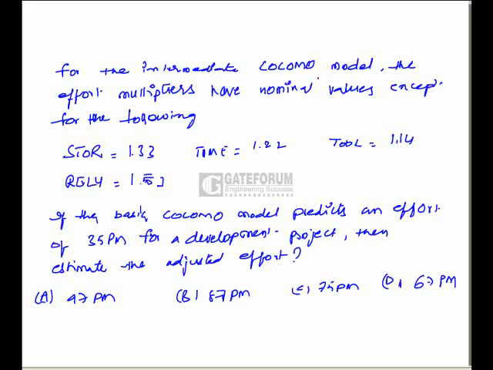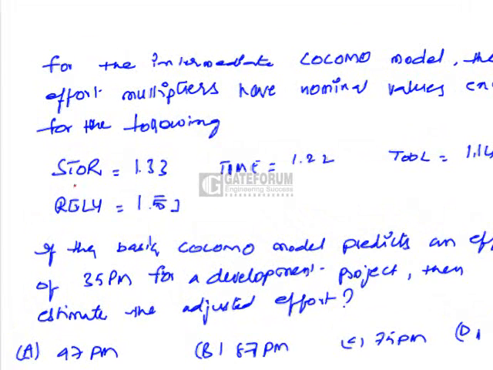For intermediate COCOMO model, the cost drivers like main storage constraint, execution time constraint, use of software tools, and required software reliability are given. Also, prediction of basic COCOMO model is given as 35 person months. We need to estimate the adjusted effort.